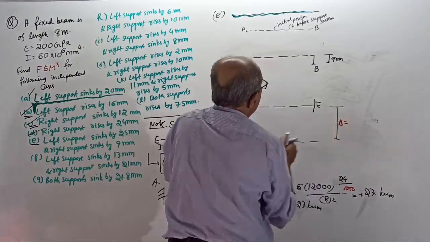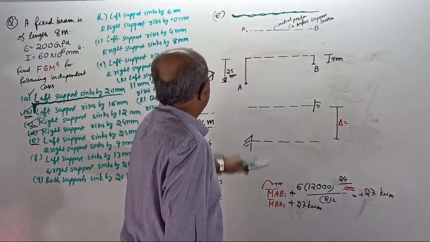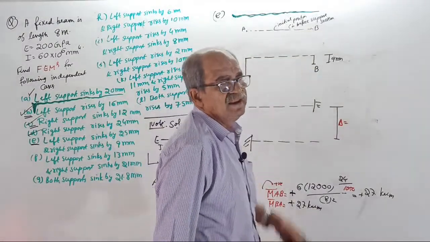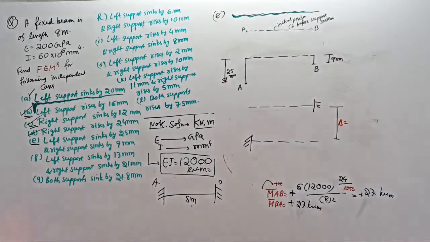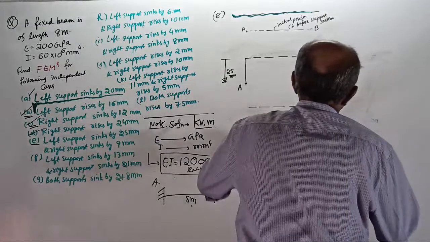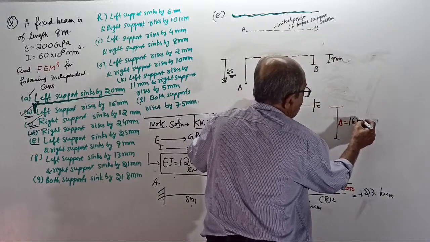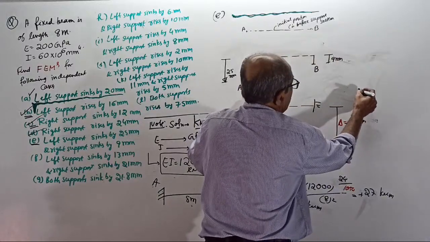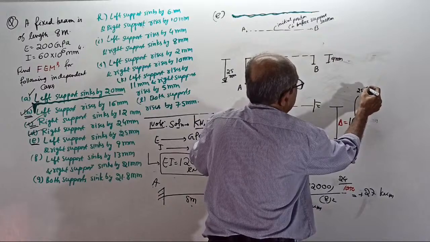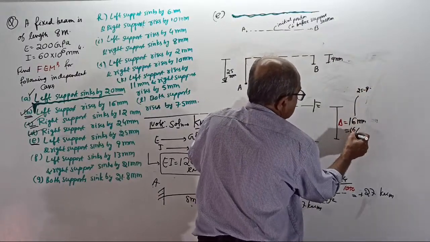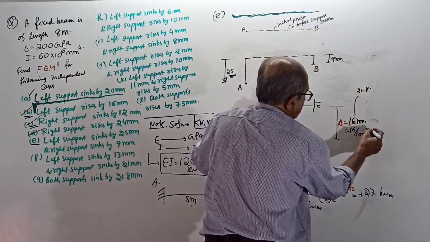Delta is neither 25 nor 9. Delta is the relative settlement. It is 16 millimeter. How we got 16? 25 minus 9 equals 16 by 1000 meter.